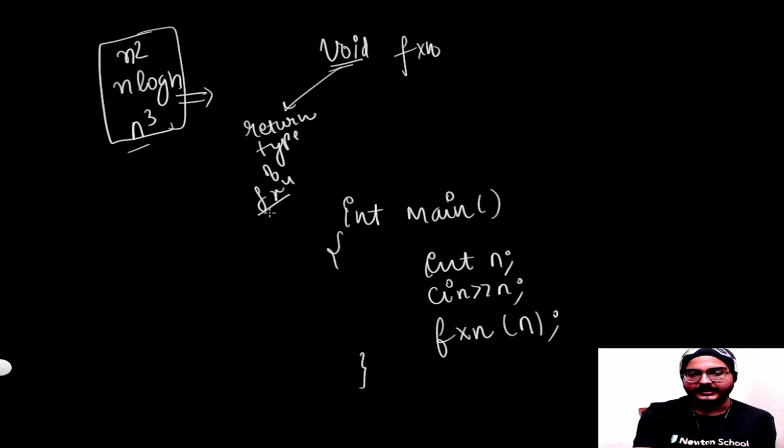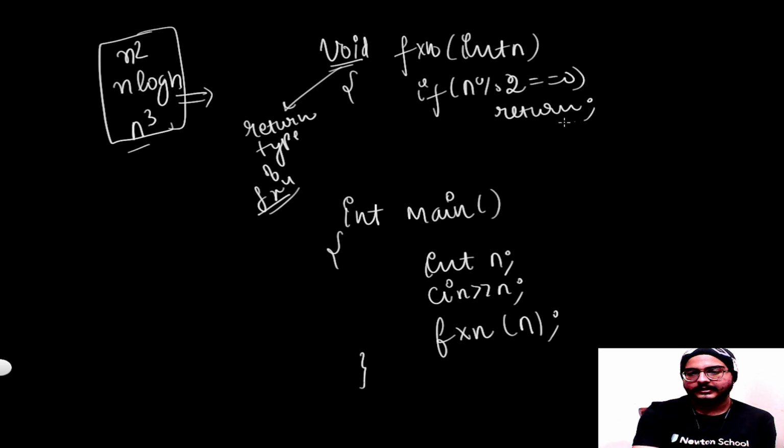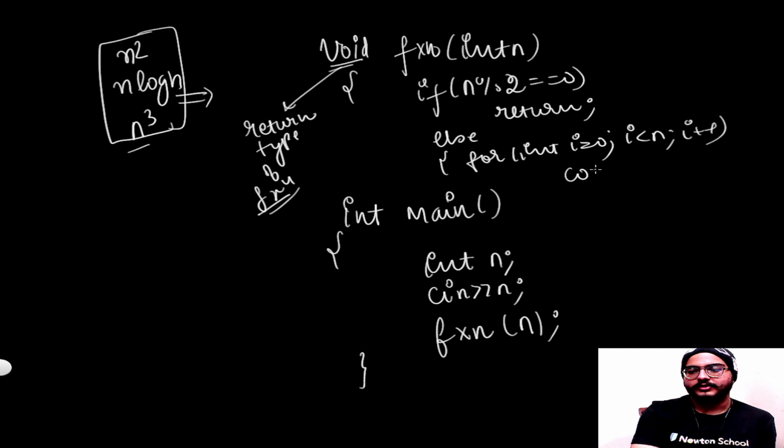Here anything can come, like int. If I say int n, and then if n modulo 2 equal to 0, return, else for int i equals 0, i less than n, i plus plus, cout i.